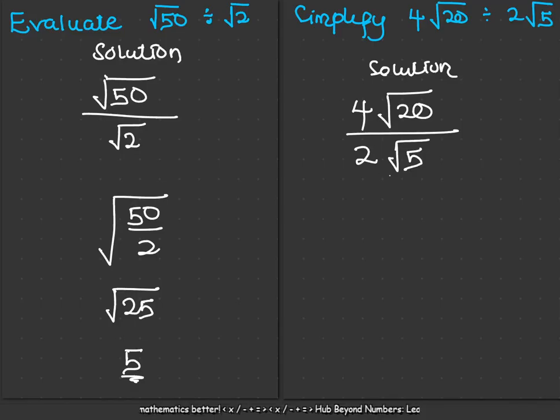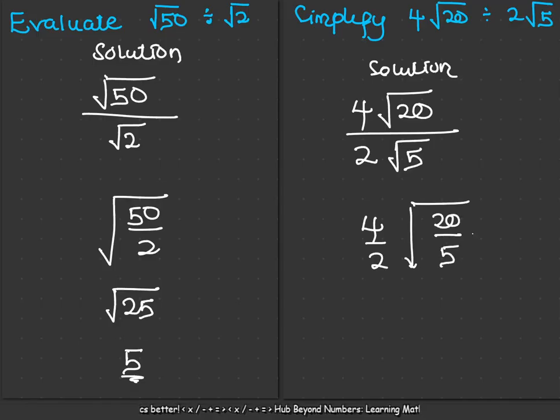We can rewrite this as 4 over 2, so we are taking the coefficients and working them separately, then divided by, we can now put the 20 over 5 in the radical sign. 4 over 2 gives us 2.